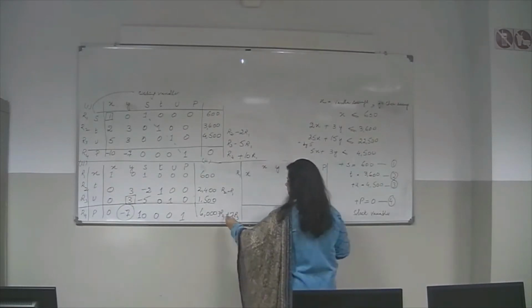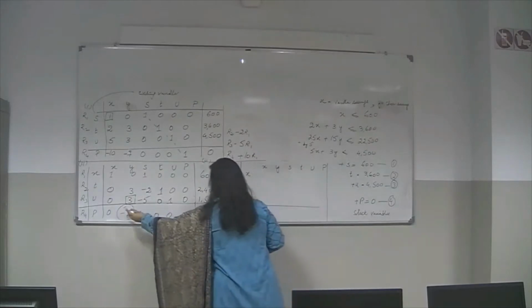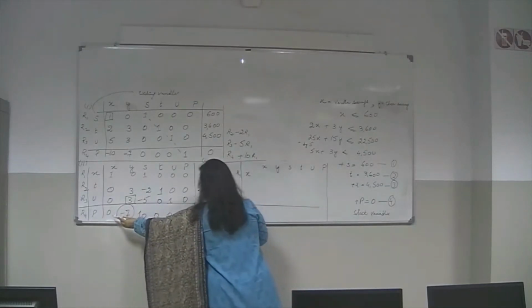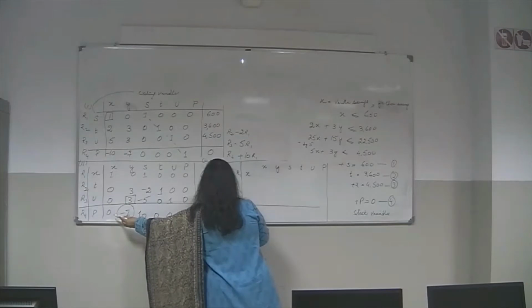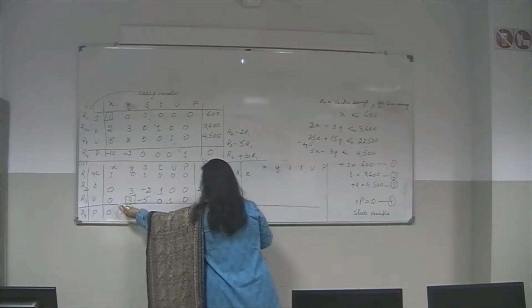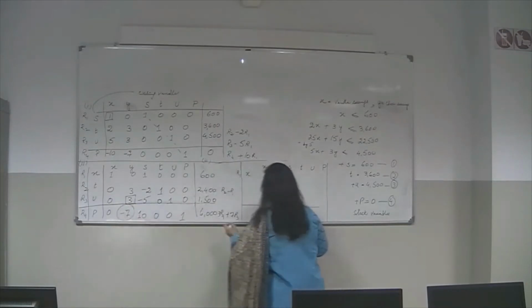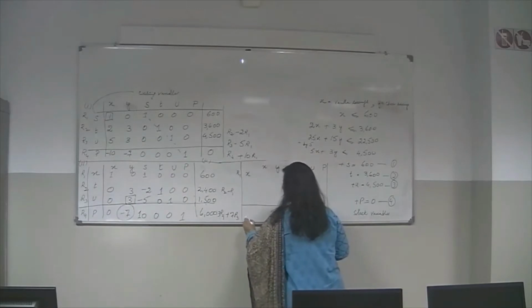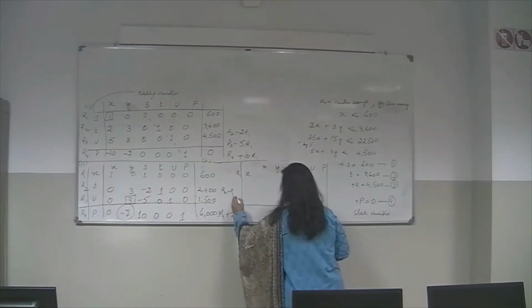So in this case, this will be 0, 3 into 0, R4 plus 7 R3. And this will be 0, so this remains the same. So now in this case, R4 would remain the same.